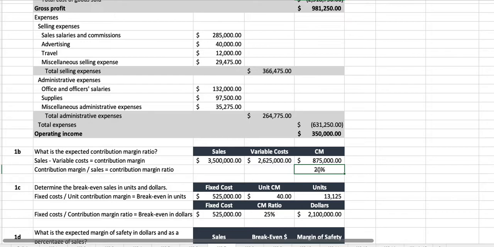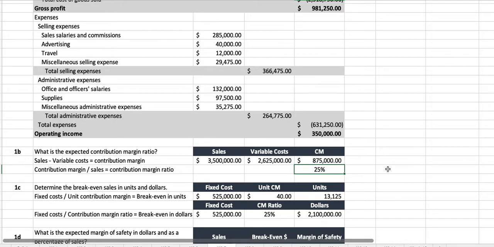So if the contribution margin is 25%, or maybe it's 40%, then that means for every dollar that the company generates, if it's 25%, then 25 cents of that dollar is available to cover fixed cost. If your contribution margin ratio is 40%, then for every dollar that the company generates in sales, you have 40 cents available to cover those fixed costs.